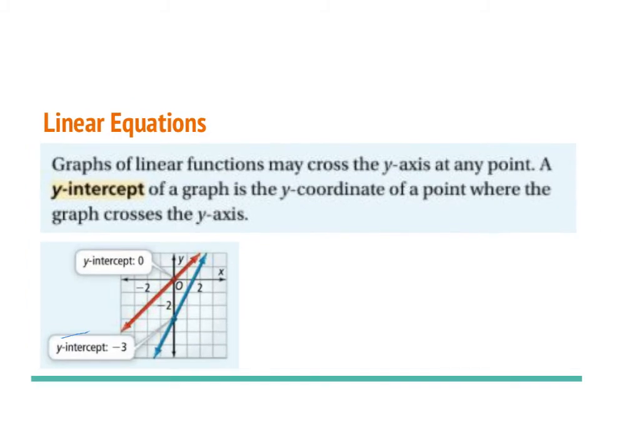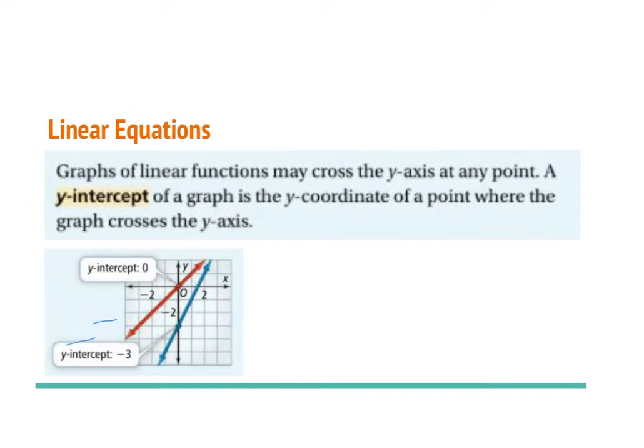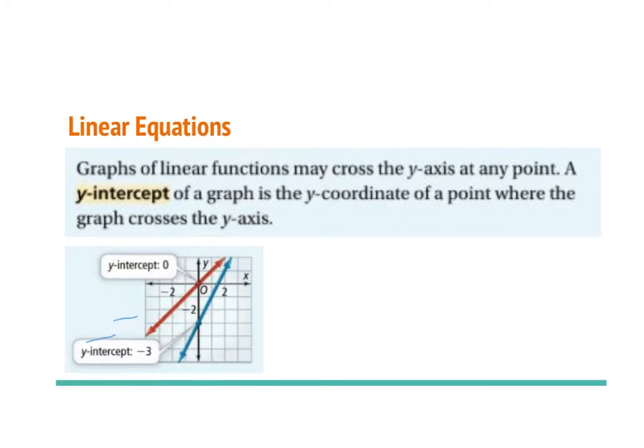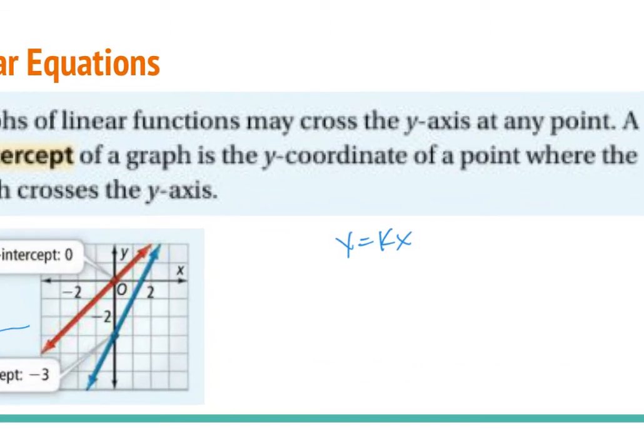Graphs of linear functions. Okay, they may cross the y-axis at any point, and a y-intercept of a graph is the y-coordinate of a point where the graph crosses the y-axis. So you remember how for direct variation, we had y equals kx, okay? That one had to cross at the origin, because technically there's no b here, right? Our b is 0. So when our b is 0, it must pass through the origin, which is the point 0, 0.